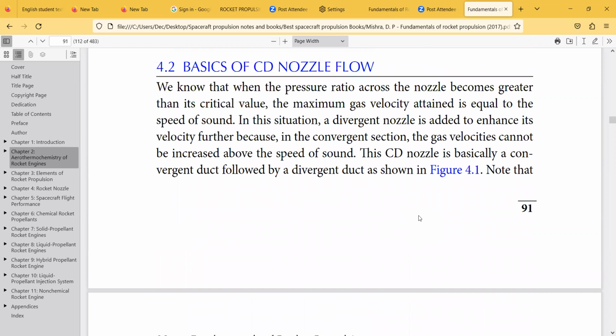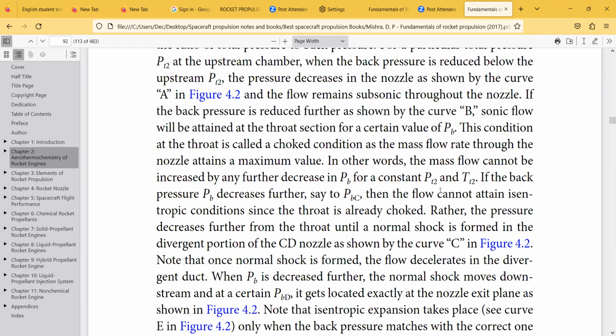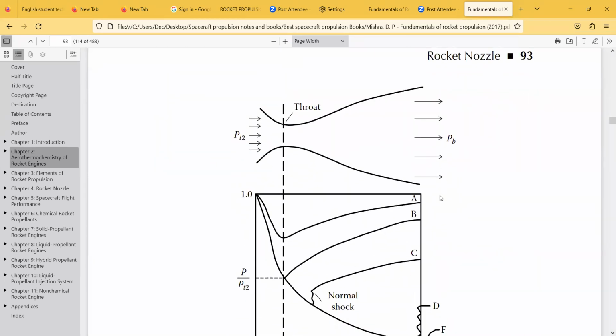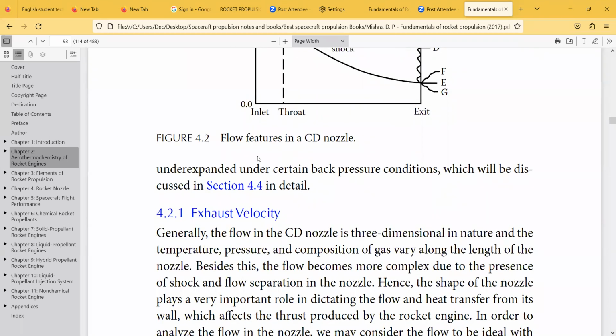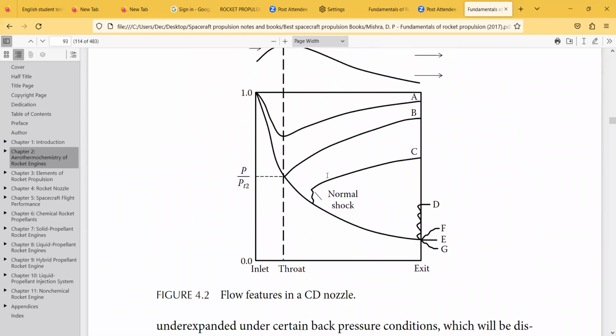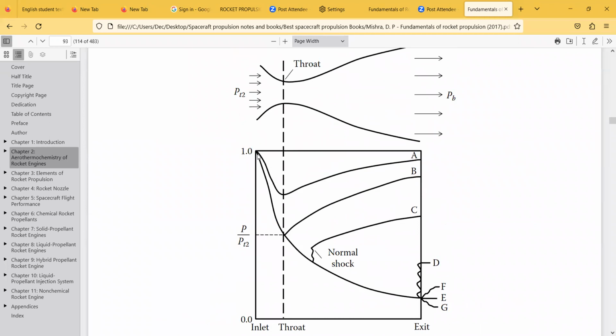Another important thing, P at T2, okay, throat pressure. This is atmospheric. It is just PB, the exit pressure. So this is the flow feature in the convergent divergent nozzle. How it flows. At the throat, P over PT2 is somewhere 1.